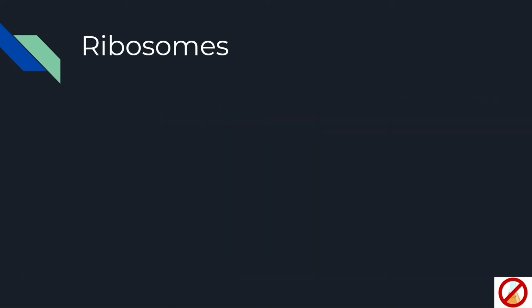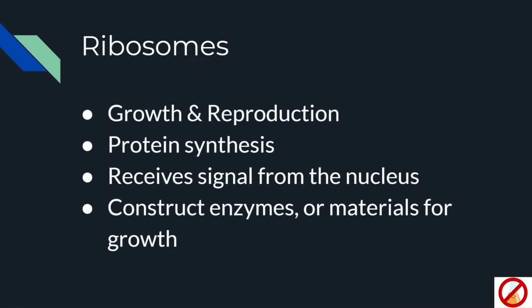Next up we have the ribosomes, and these are extremely crucial because they work closely with the nucleus. The reason is because they're responsible for growth and reproduction as well, and mainly for protein synthesis. Almost every organelle in our cell requires protein to function because it's the basic building block of it.